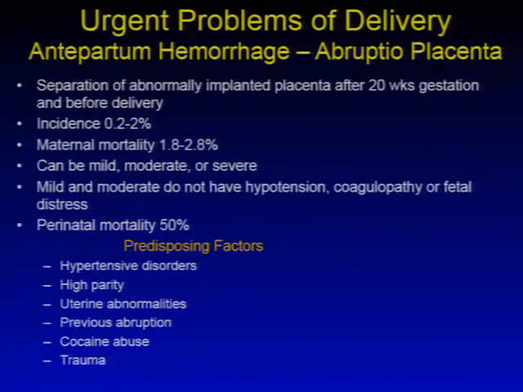The abruptio placenta is the separation of a normally implanted placenta after 20 weeks gestation before delivery. It is fairly low incidence, but maternal mortality is still about 2 to 3%. It can be mild, moderate, or severe, and does not always elicit immediate delivery. But perinatal mortality is also fairly high.